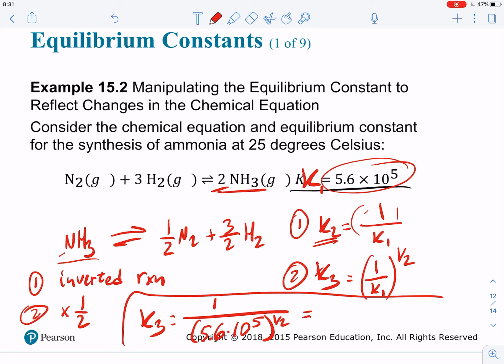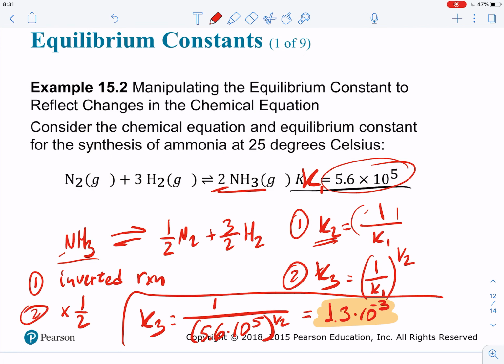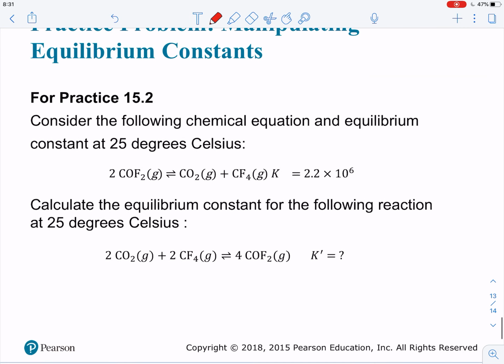And this is going to be equal to 1.3 times 10 to the negative 3. So after you do the manipulations, remember the first one was to call it 1 over K1, and the second one was to raise to the power of 1/2, whatever number you use to multiply.